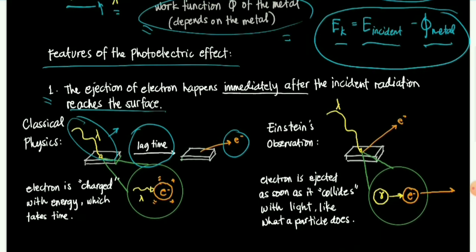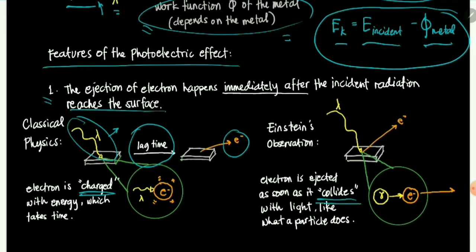So, nangyayari lang yung walang lag time kapag collision yung process. Ibig sabihin, talagang tinulak ng ating light yung electron palabas ng ating metal or tinapon talaga siya ng ating light palabas ng metal. Okay? So, imbes na charging yung nangyayari, okay, collision yung seemingly na naganap. Okay?